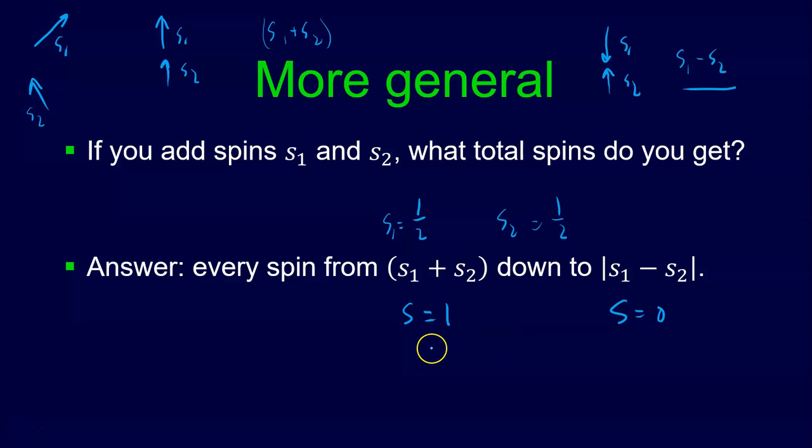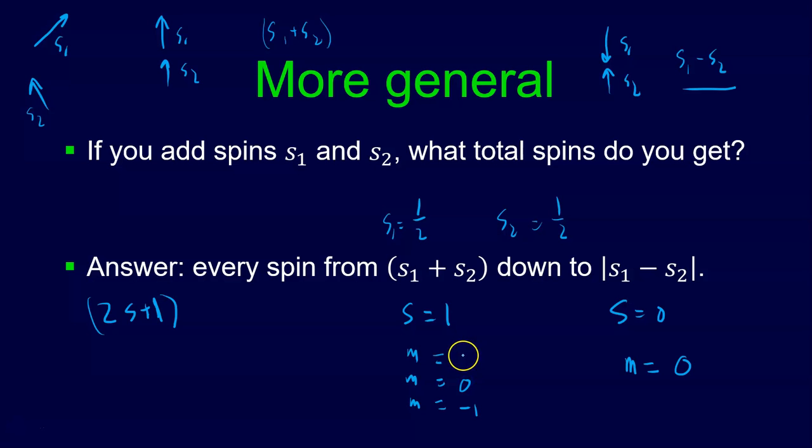Now, let's think about this. We know that our spin states have 2s plus 1 different states, which are the different levels of m. For s equals 0, you have m of just 0. For s equals 1, you can have m going from negative 1 up to 1, in steps of 1.